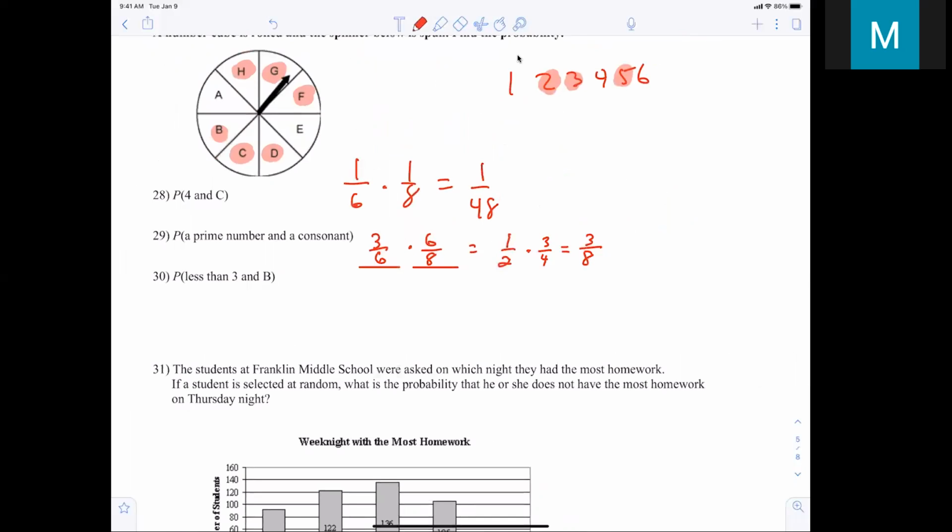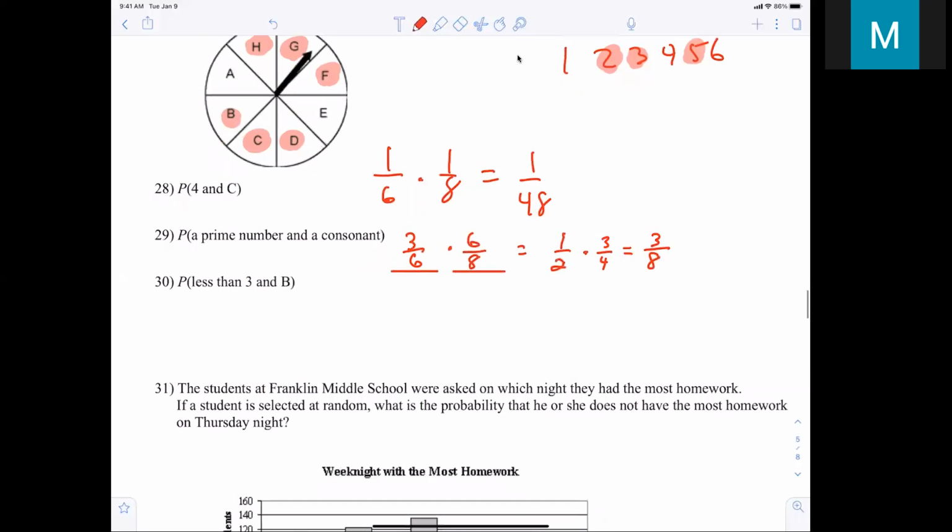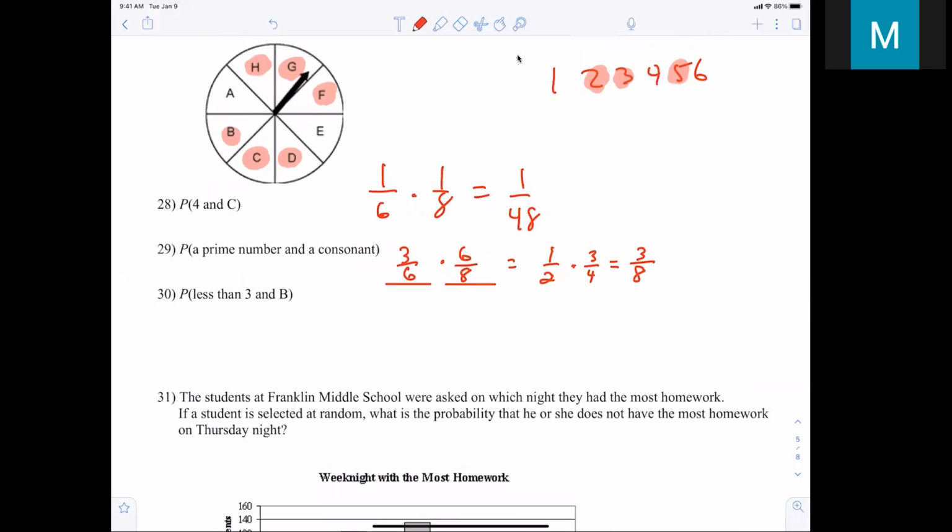All right, KK. I want number 30. Again, 2 things are going on. What's the probability to get less than 3? Shh, shh, shh. KK, what's the probability that you get less than 3?